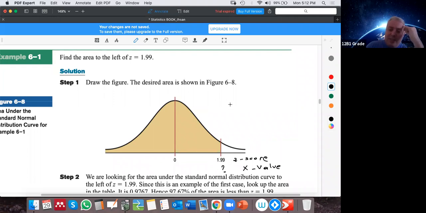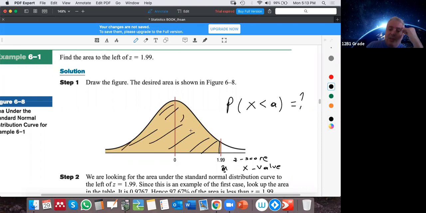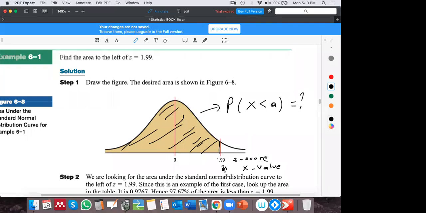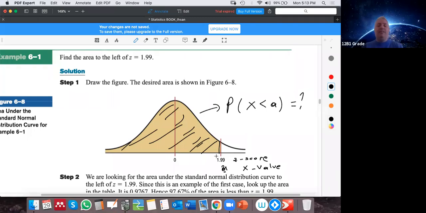So if I call this x value a, what is the probability that x is less than a? The answer to this question is this area. We will see an example.